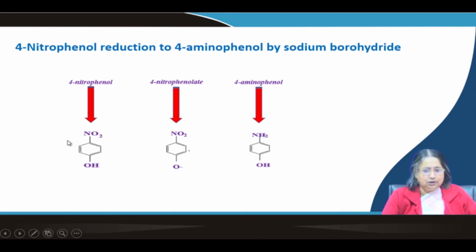The phenolic OH group is acidic, so this hydrogen can be taken out by alkali. Then it becomes O minus, and instead of phenol we call it phenolate. So, it is 4-nitrophenolate, and the 4 is there because with respect to the phenol group it is the 4th position. Their relative position is 1 and 4.